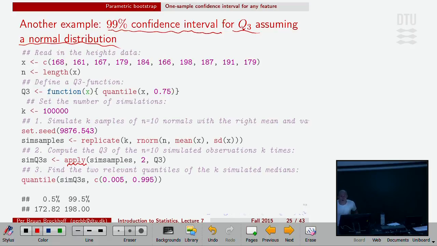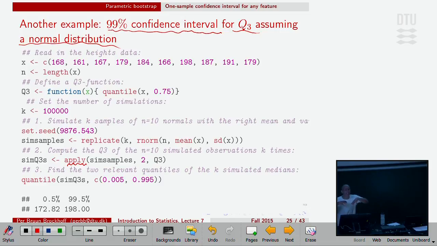There is not a function in R called Q3. There is a function called mean, and a function called median, but not Q3. It's not that we cannot compute Q3 by R, but it's not an explicit function of its own, and we need that to repeat the R technical way of doing it.